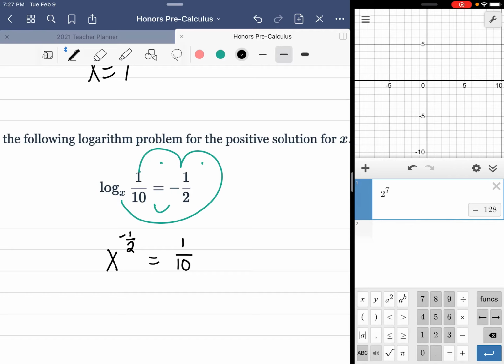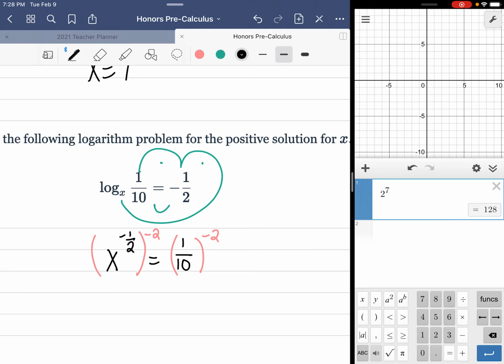So what I'm going to do is I'm going to look at my exponent, and I'm going to figure out how can I get rid of that exponent with my x. So I have negative 1/2. Now remember, when I have a power to a power, that means that we are going to multiply. So I can raise this entire piece to negative 2, because I know that negative 2 times negative 1/2 equals 1. You're trying to figure out what can you raise your power to in order to equal 1.